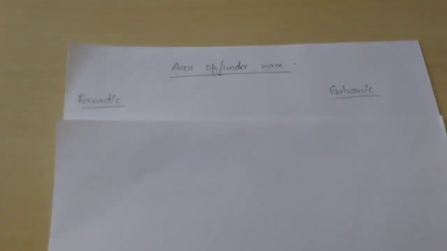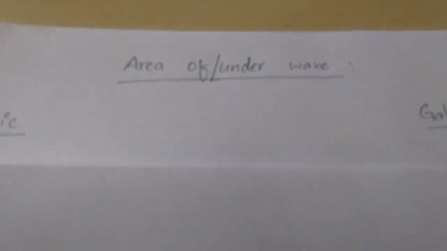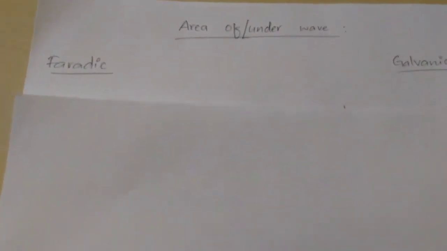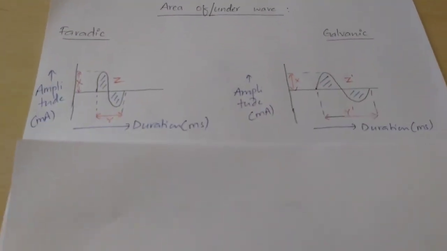So apart from the pulse duration and amplitude, we have to learn about the area under the curve, or area under the wave. What is the difference between the area under the wave for Faradic and galvanic current? Okay.